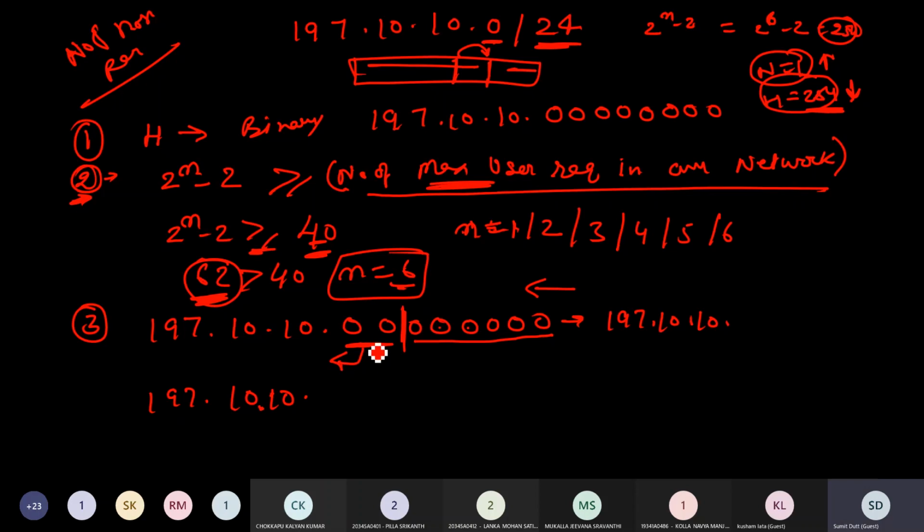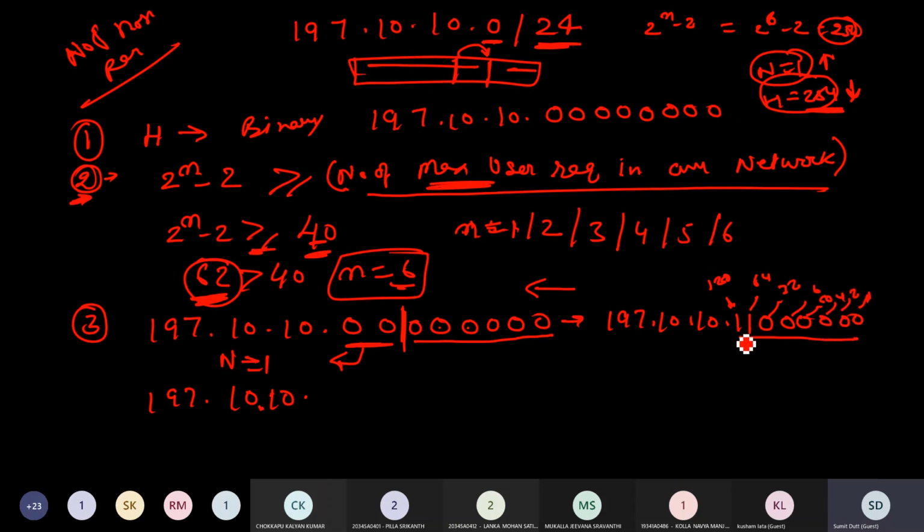If I am borrowing into the network, I will replace those bits with 1, so it will become 11000000. If you want to convert this binary into decimal, this is 128, this is 64, this is 32, this is 16, this is 8, this is 4, this is 2, and this is 1.